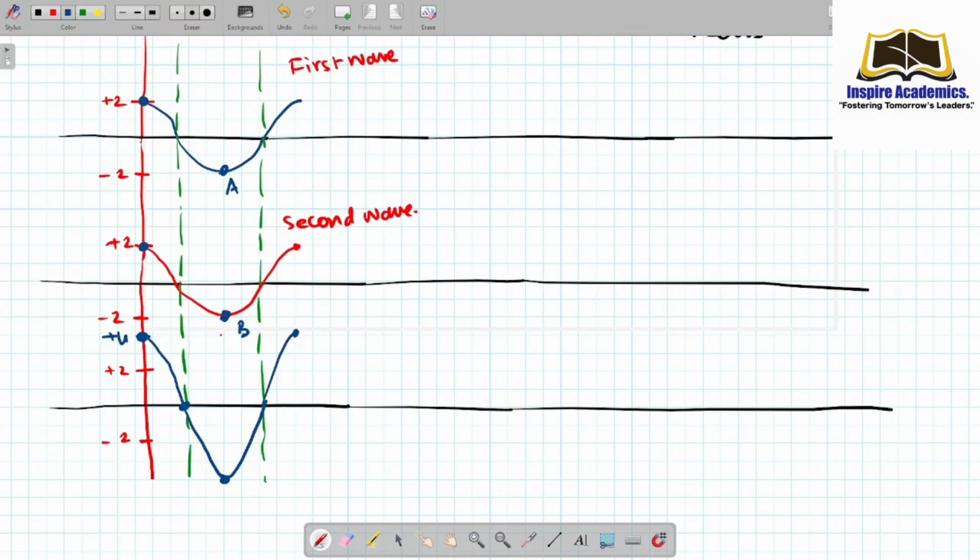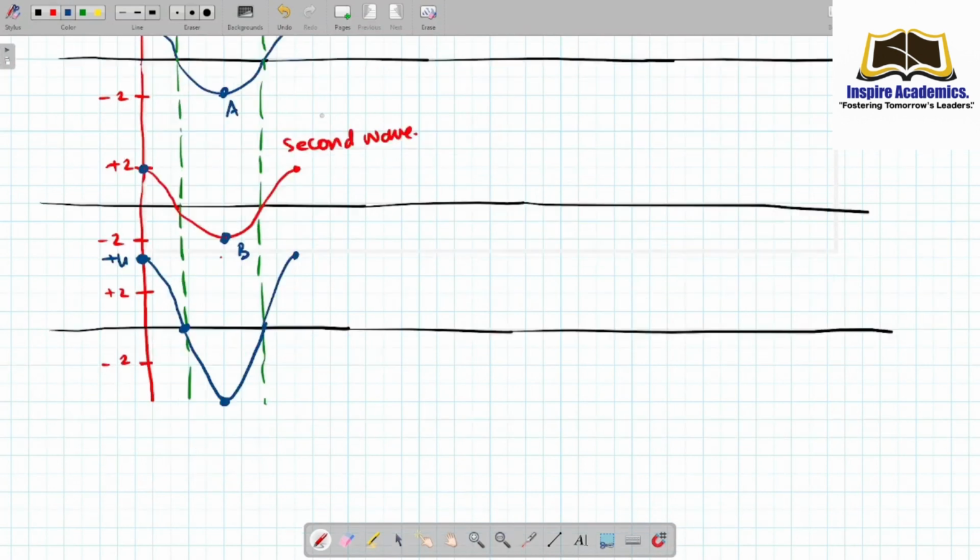So that is how it will give birth to interference. Let us understand the conditions for constructive as well as destructive interference. Destructive interference occurs when two waves meet in opposite phase, and constructive interference happens when two waves meet in the same phase.